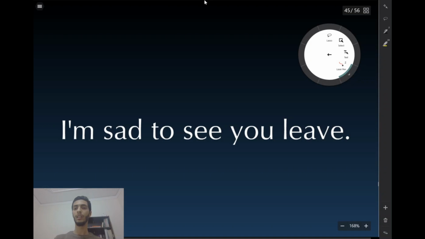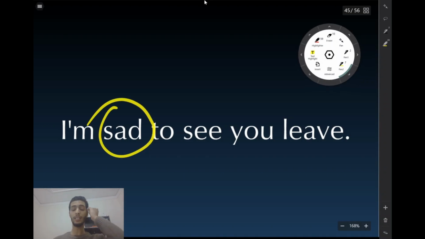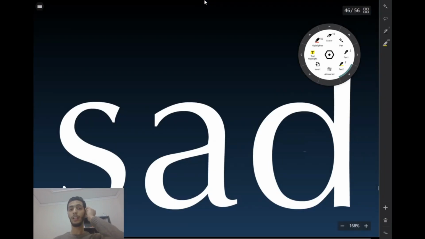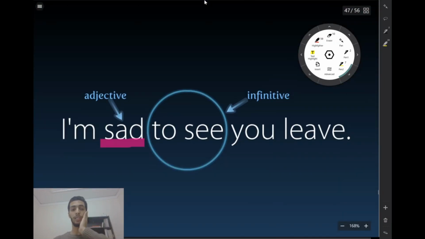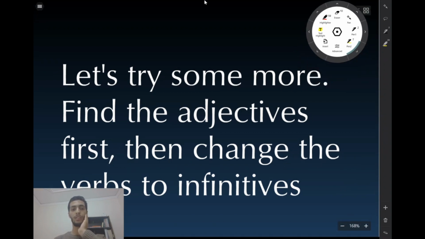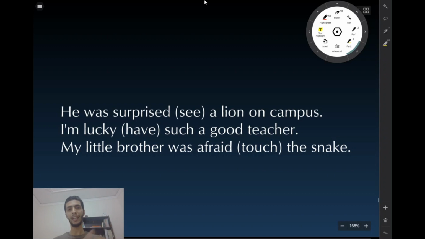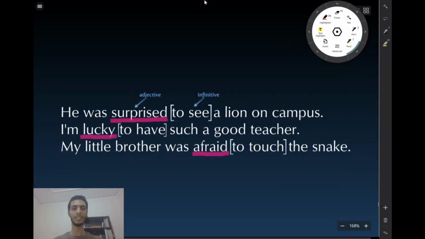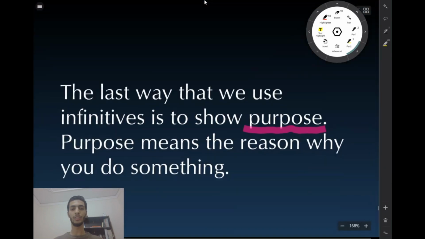Here the adjective is sad, and we've used the infinitive after it. All right, let's try some more. Find the adjective first and then continue. Pause, answer the exercise and continue afterwards. All right, so here are the answers.